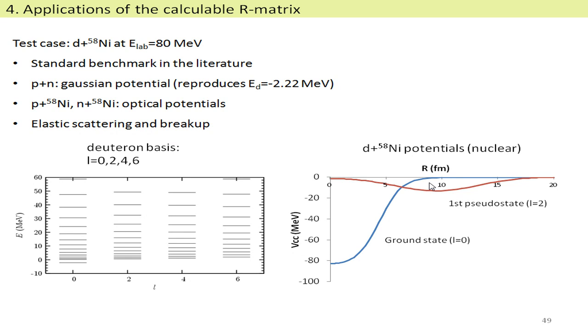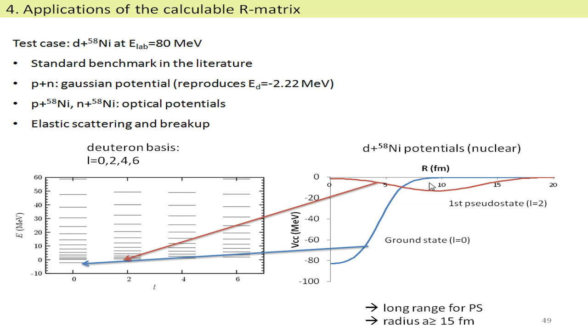This provides you some hints about the choice of the channel radius. If you look at the potential corresponding to the ground state, it's shown here in blue. And you can see it's short range. The range is about 5 fermis, and it decreases very fast to 0. But if you look at another state, a pseudo-state, this is the potential corresponding to this pseudo-state here.